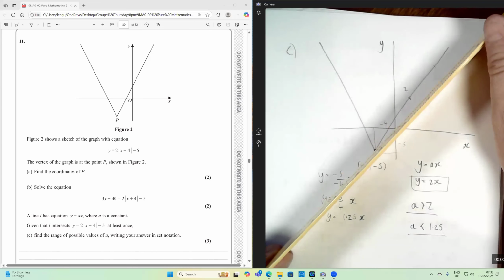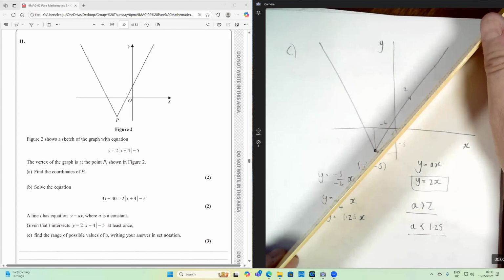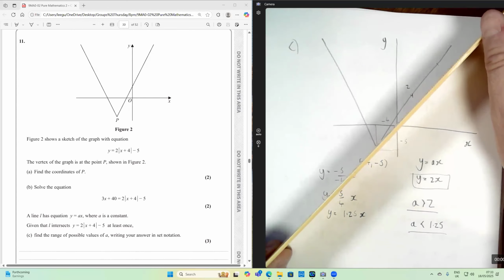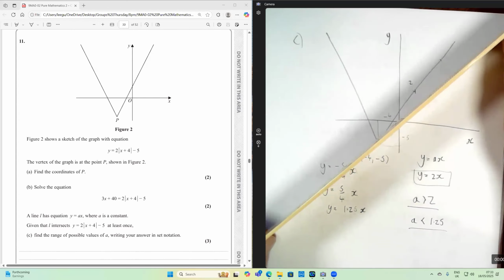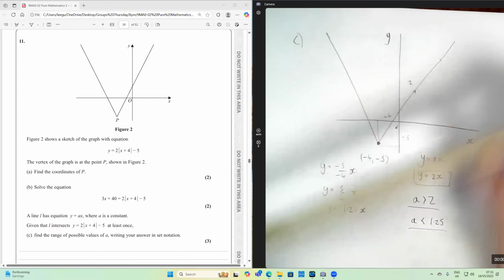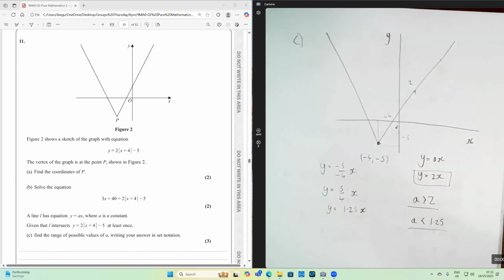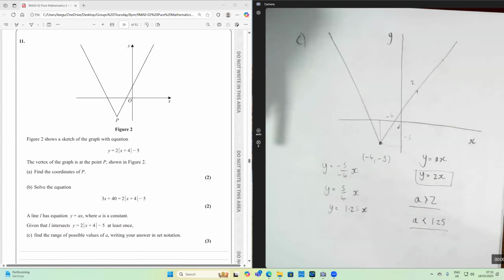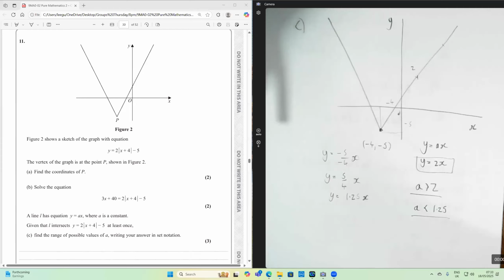And if the gradient gets any steeper than that, there's no solutions again. And this point corresponds to a gradient of 1.25. And as soon as the gradient is less than 1.25, we're back into our intersections again. Okay, so that's why the range of values where there are no intersections are these ones here.